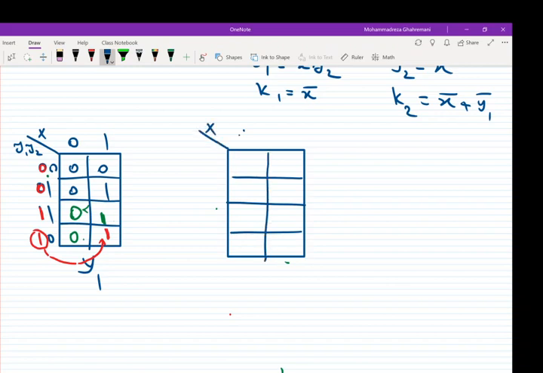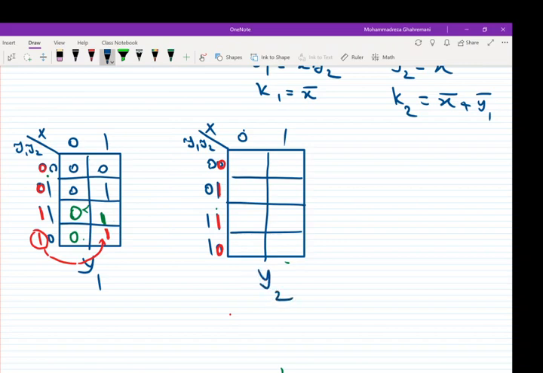Again, the same thing. X is here, 0, 1. Y1, y2, lowercase y1, y2: 0, 0, 0, 1, 1, 1, 1, 0. Let me change the colors for y2 because this time we are focusing on y2.